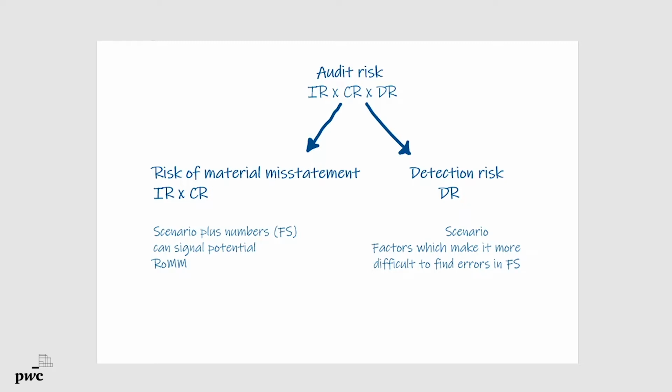Risk of material misstatement can relate to any accounting problem described in the scenario or indicated by numbers. Detection risk can be anything which makes it more difficult for the auditor to find errors in the financial statements.